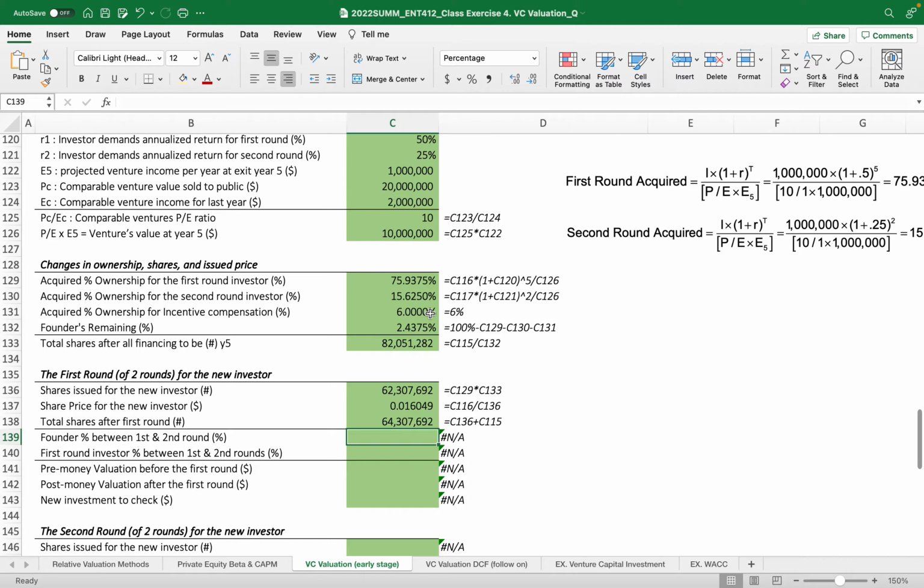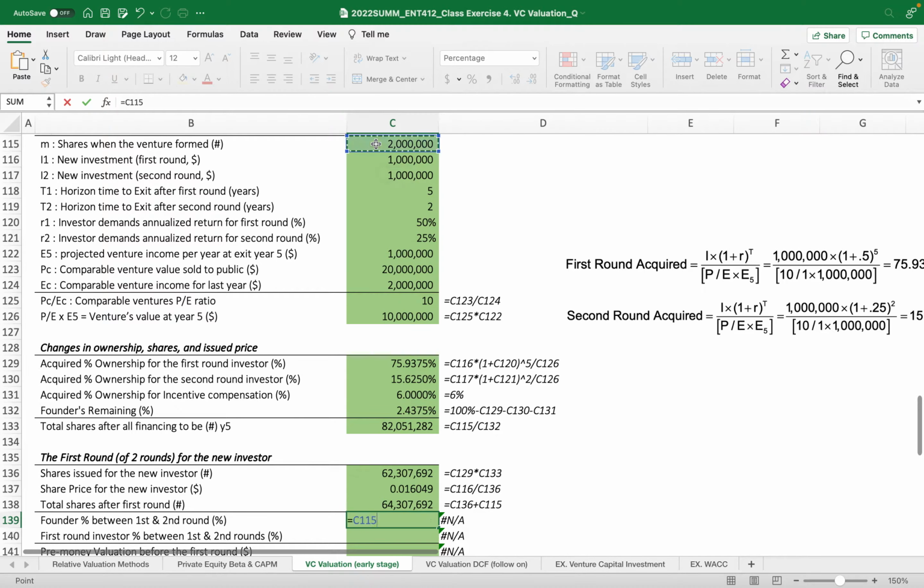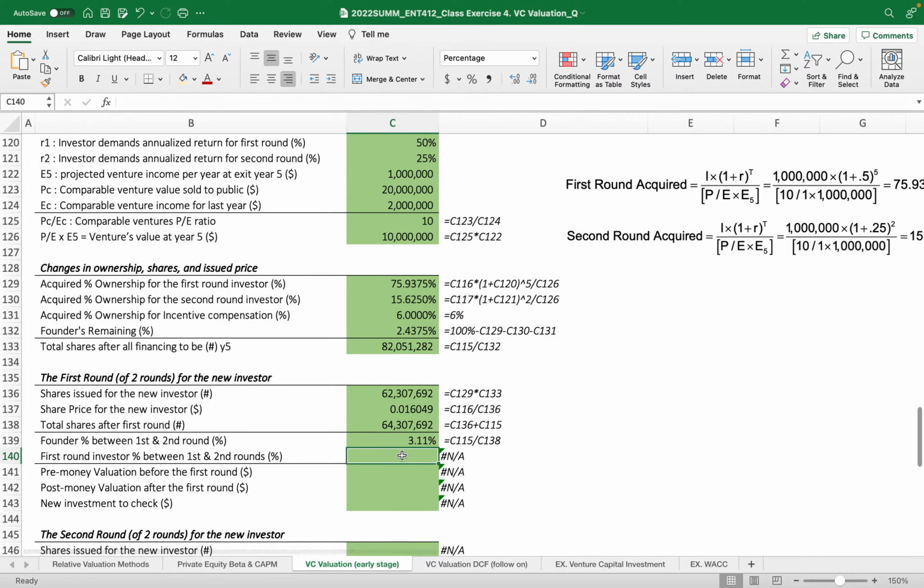Then what is the founder's percentage at this time? This 64 is the total number of shares, right? So 2 million was existing, and then total shares is now 64 million. 3.11% is the founders'. It's different from 2.4 because the 2.4 percentage considers the second round financing, but we haven't got the second round yet.